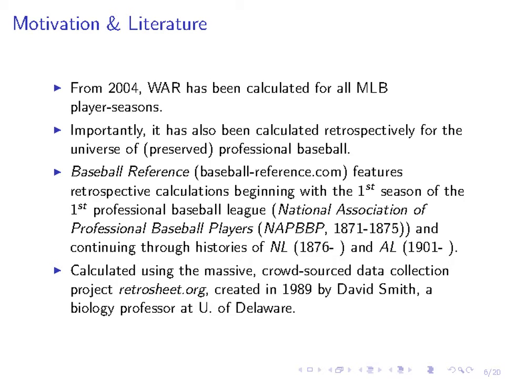From 2004, WAR has been calculated for all MLB player seasons. Importantly, it has also been calculated retrospectively for the universe of preserved professional baseball. For example, Baseball Reference features retrospective calculations beginning with the first season of the first professional baseball league, the famous NAPBBP, which actually was the predecessor to the National League, continuing through the histories of the NL and AL.